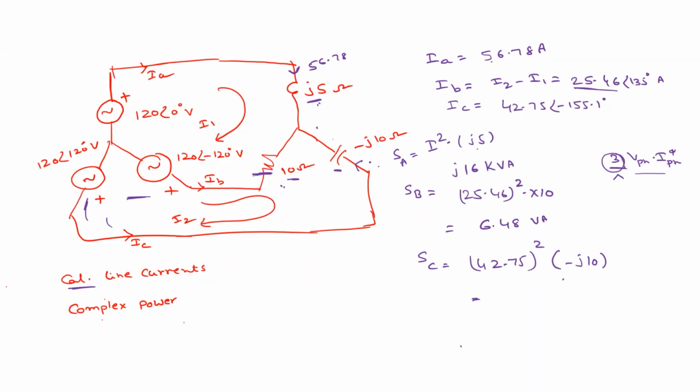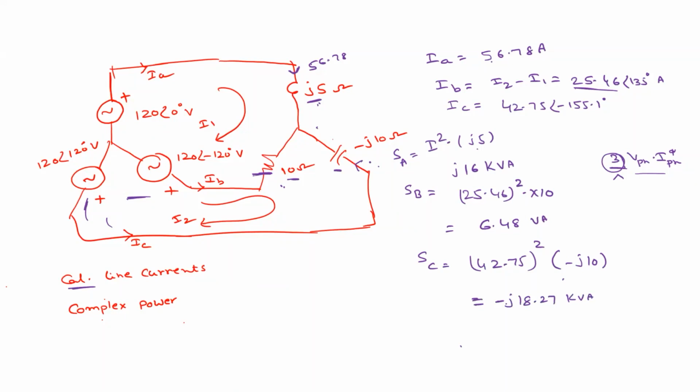No, it's not 20. Sir, kilowatt. 18.27, minus 18.27, J minus also. 18.27 kilovolt-ampere. Kilowatt, right.